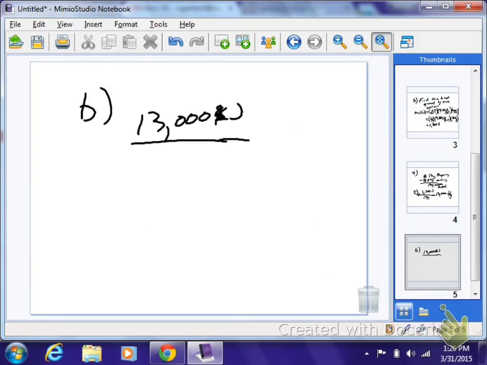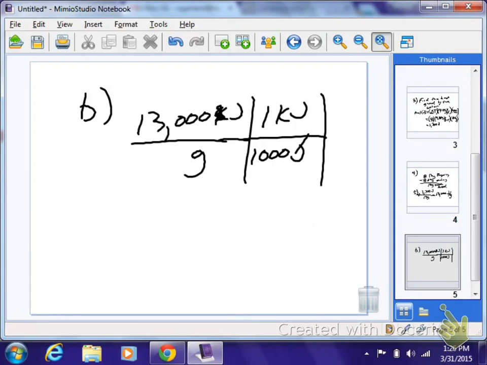And on that step, remember, we said there's 1,000 joules for every 1 kilojoule, and that got rid of joules, leaving kilojoules per gram. So I got 13 kilojoules per gram. That's the heat of combustion, in my example, anyway. And on number 6, we were supposed to change that into moles.